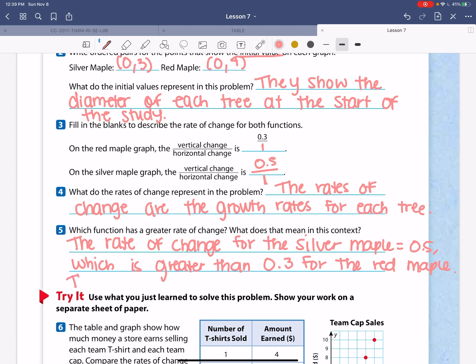So we can say that the silver maple grew at a faster rate than the red maple.